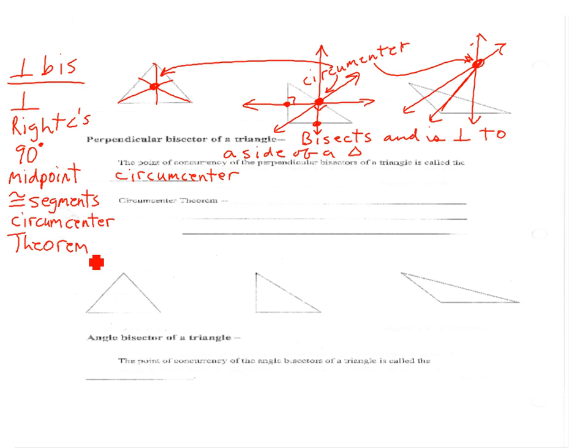The theorem about circumcenter says the circumcenter of a triangle is equidistant from the vertices of the triangle.